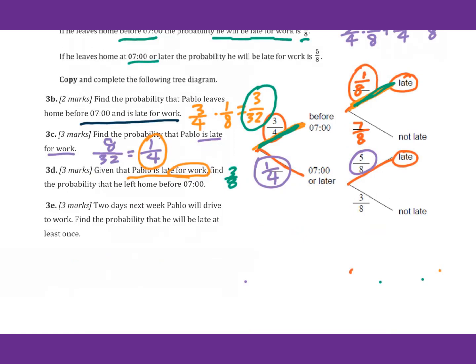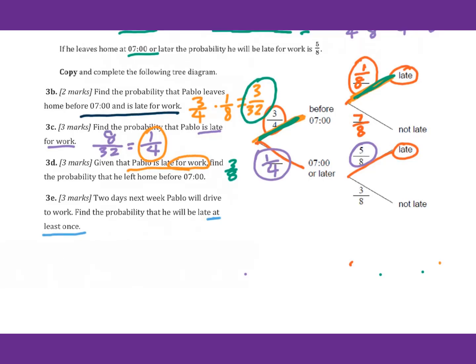Now let's go to 3E. 2 days next week, Pablo will drive to work. Find the probability that he will be late at least once. When you see at least once, we use 1 minus. Normally it's easier. So 1 minus the probability neither of the 2 days is late.